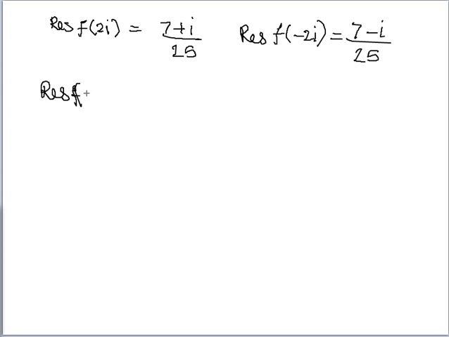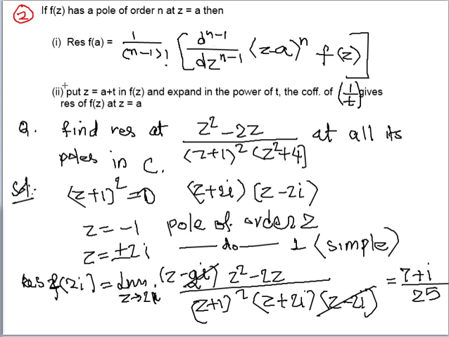So what does our formula become? We will see once again. The formula is 1 upon (n minus 1) factorial, where n is the order of the pole. For our case the order is 2, so 1 upon 2 minus 1 is 1, and 1 upon 1 is 1, so we can omit this. Next, d to the power 2 minus 1, so it becomes d to the power 1 only.